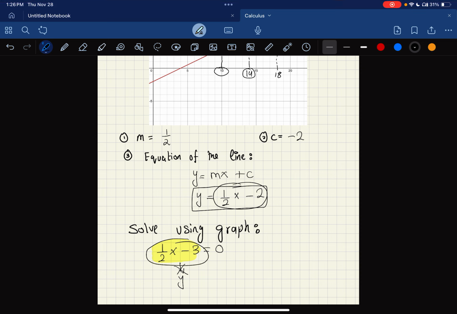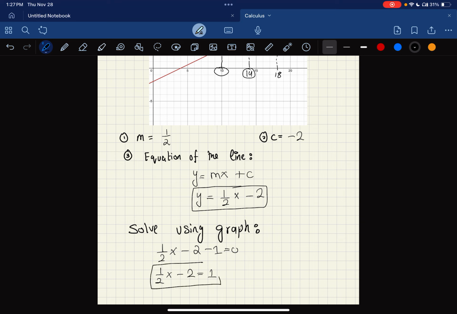In that case, you need to ask yourself, can you make some changes to this equation so that it represents the graph of your equation somehow? Well, we can do that. We can split the negative 3 into negative 2 and negative 1 equals to 0. Okay, and then move the negative 1 to the other side, it becomes 1.